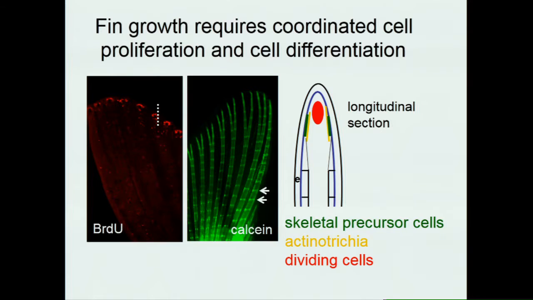Those proliferating cells are flanked by collagen-like fibers termed actinotrichia, which serve as a substrate for bone-forming cells to align and secrete bone matrix. Another type of skeletal precursor cell located in the lateral mesenchymal cells are joint-forming cells, and collectively we refer to those lateral mesenchymal cells as skeletal precursor cells.